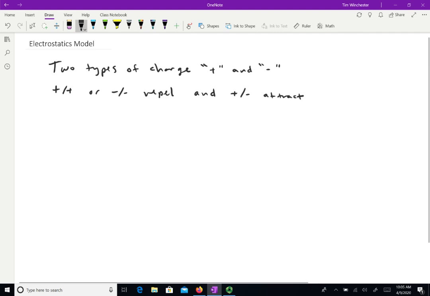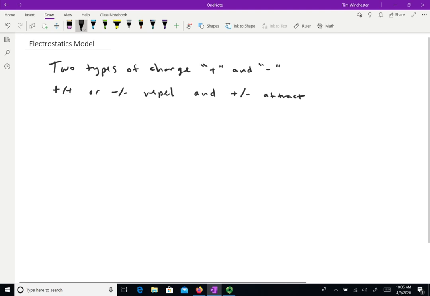Okay, and again, that's just based on the model that we have. There's no inherent reason why things that are the same kind should repel or opposite kinds should attract. We'll even see later in this quarter that there are some cases where the same kind attract and opposite repel for a different phenomenon than electrostatics. So this is just observations that we've made of the phenomena.